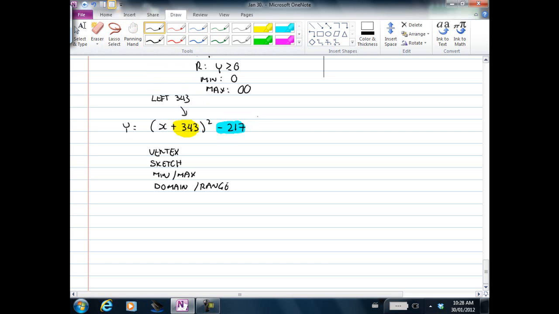Down. Okay. Every number tells a story. Down 217. Now imagine you're always at 0, 0. My original vertex will always be 0, 0. Okay, original. Now we're going to apply all this, and we find my new vertex.